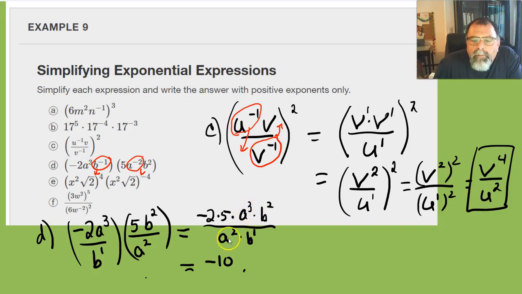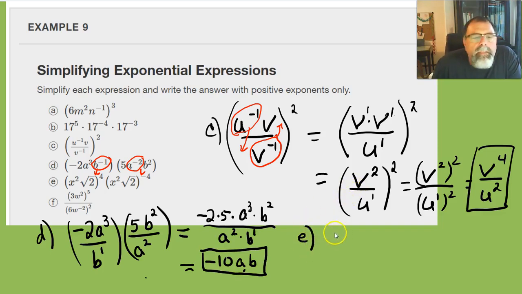A cubed divided by a squared, I'm going to do the 3 minus 2, that's a to the first on top. I'm not going to write the 1. And b squared divided by b to the 1, 2 minus 1 is 1. And I'm not going to write the 1. Since I subtracted, that's going to be my final answer right there.